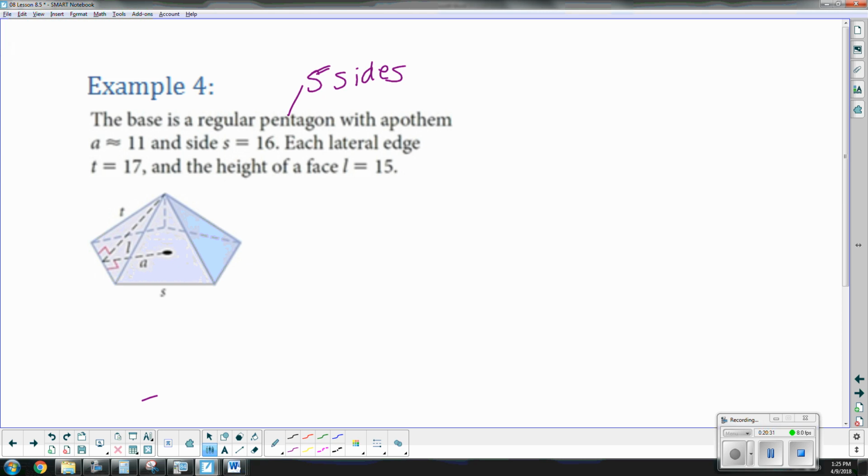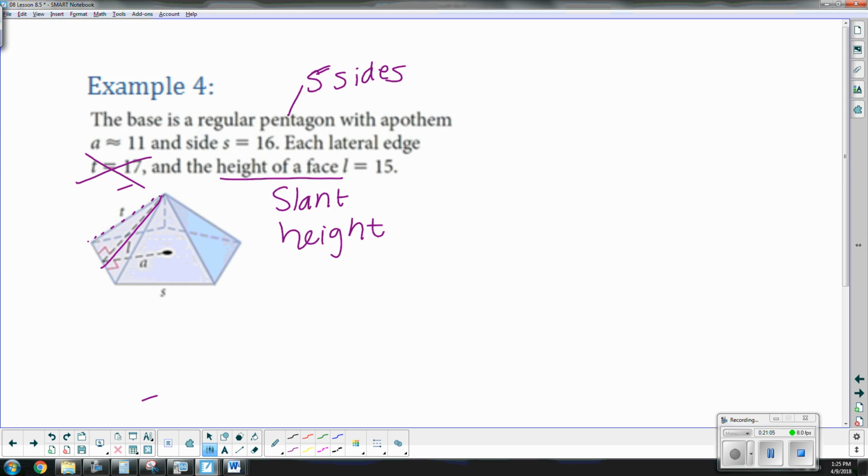And the side length is 16, and the lateral edge is 17, and the height of the face, or the slant height, L, is equal to 15. Okay, so first of all, looking at this, we don't actually need that height of the lateral edge. That's this part right here.